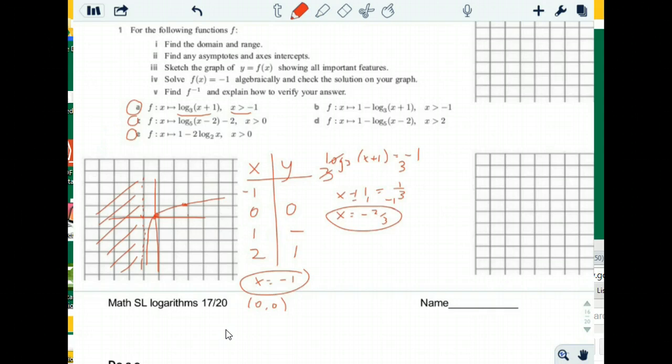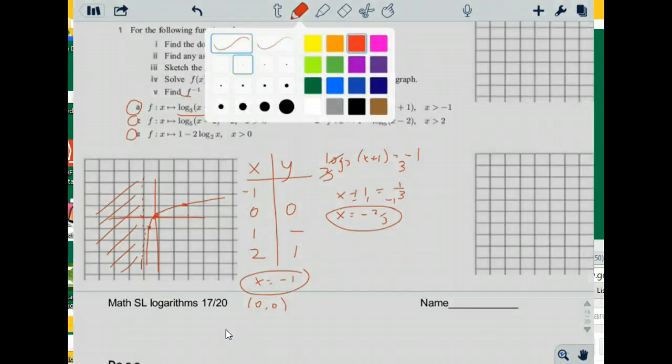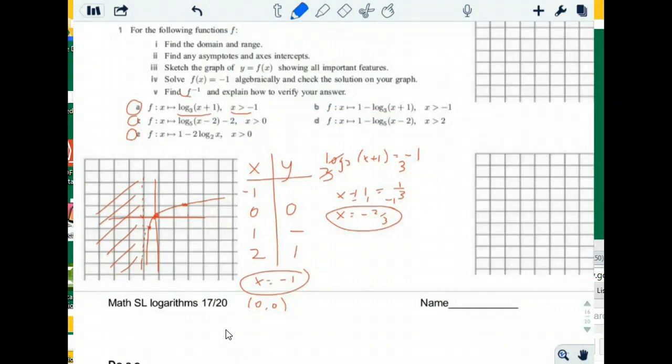So at x equals negative 2/3, y equals negative 1. So we get one more point there. Find f inverse of x and explain how to verify your answer. The easiest way to do it is to reflect the graph on the y equals x line, which would be like that, okay?